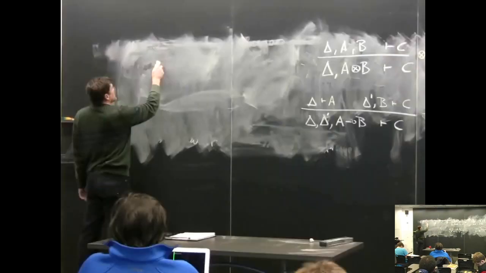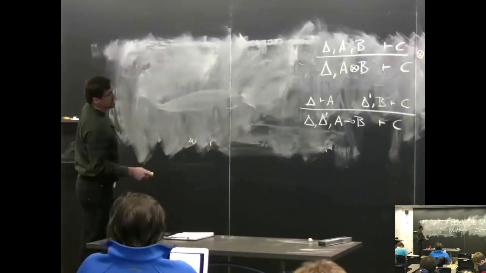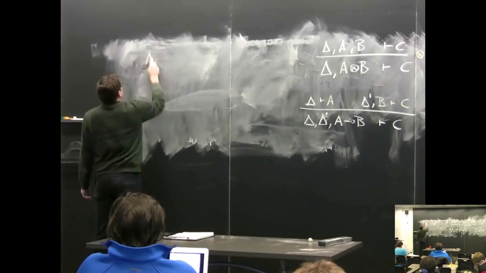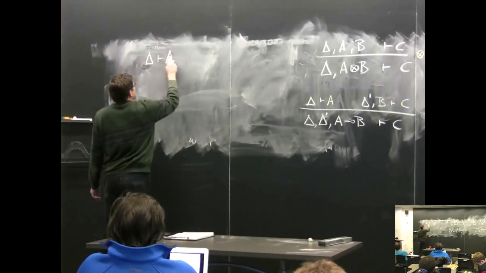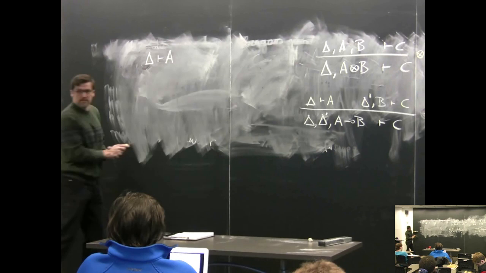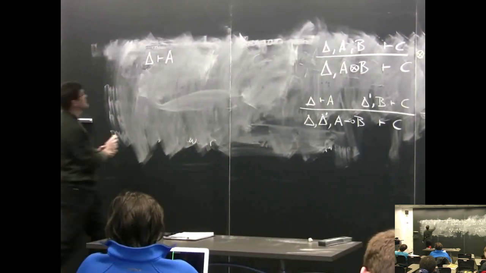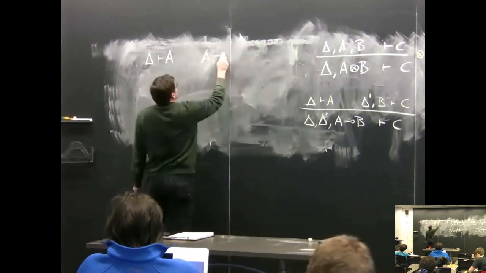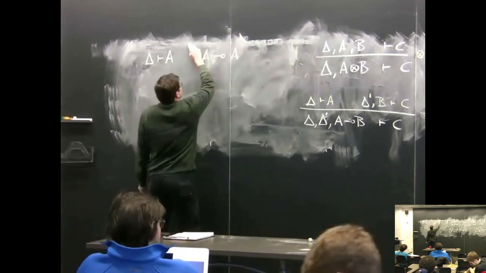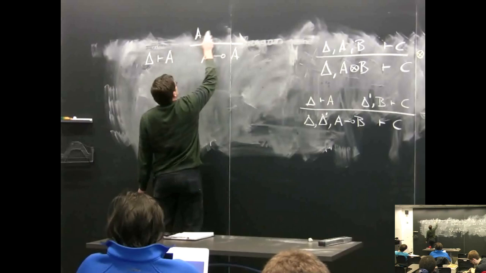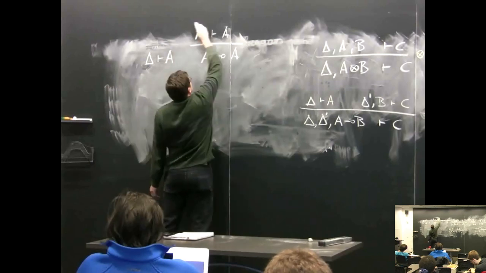Just keep the proof that delta proves A. So we have delta proves A, and I want to prove A linearly implies A, and that's because under the assumption A, you can prove A, which is the identity rule.